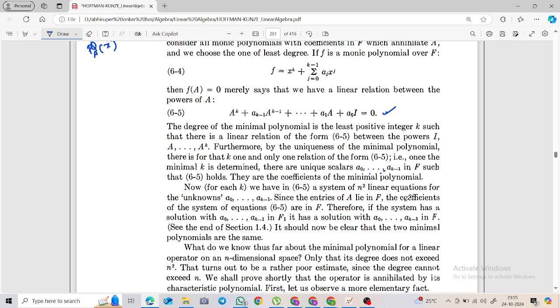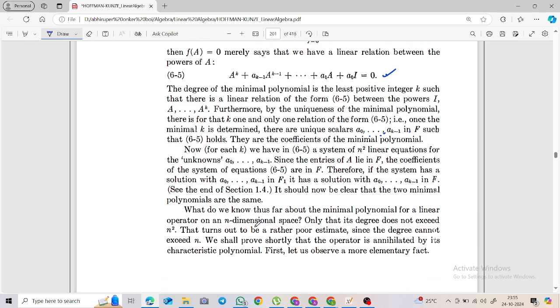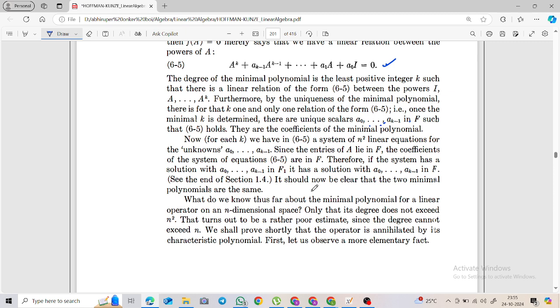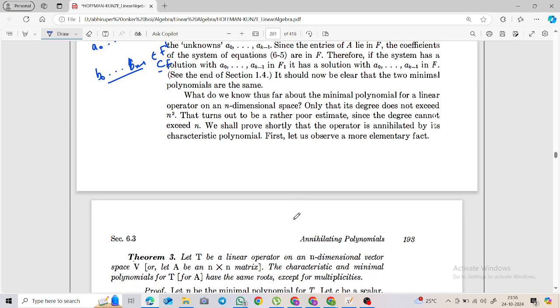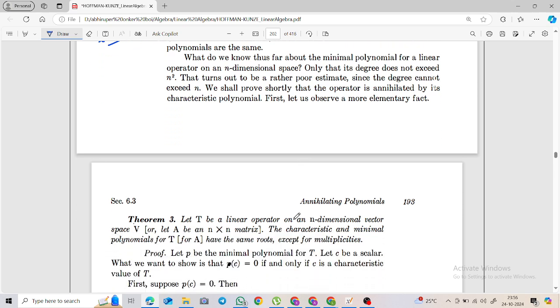Since the entries in A lie in F, the coefficients of the system of equations are in F. Therefore, if the system has a solution, the main thing is that if there is a separate set of scalars, suppose a1 to ak minus 1 in F and b1 to bk minus 1 in F1, then we are getting two relations in F because these are also in F. A linear operator on an n-dimensional space: its degree cannot exceed n square, or rather, the degree cannot exceed n.